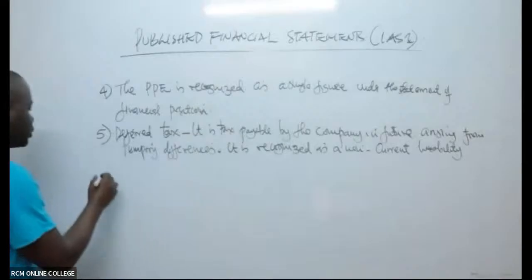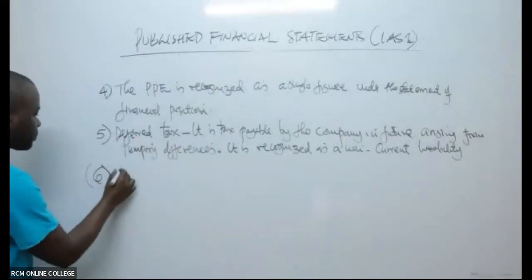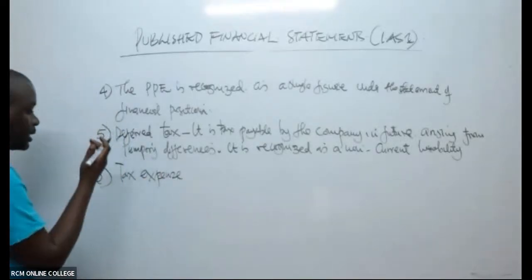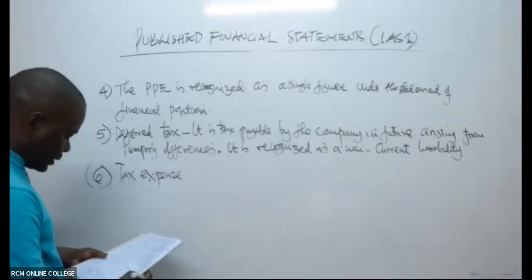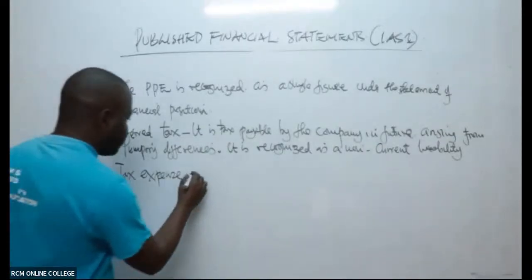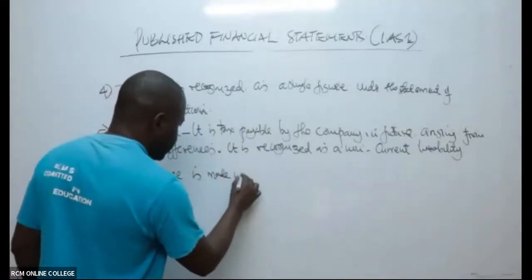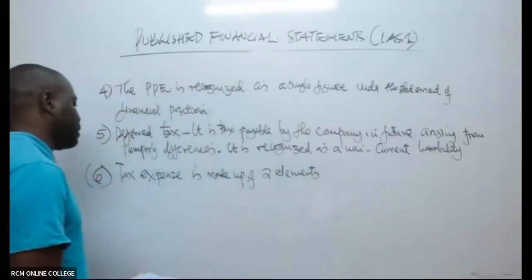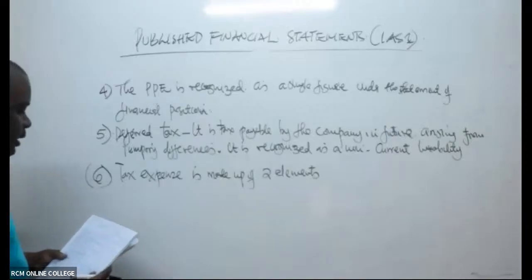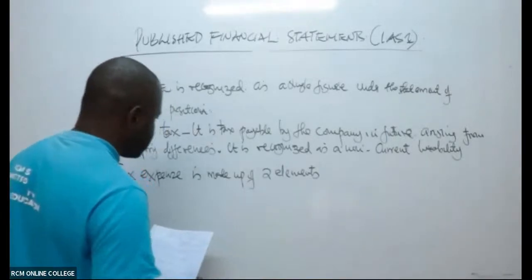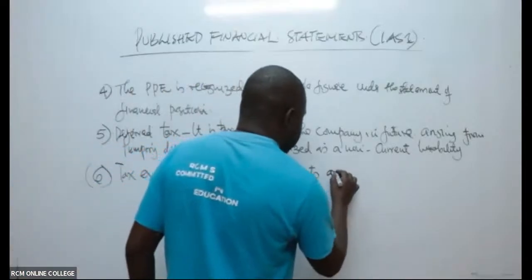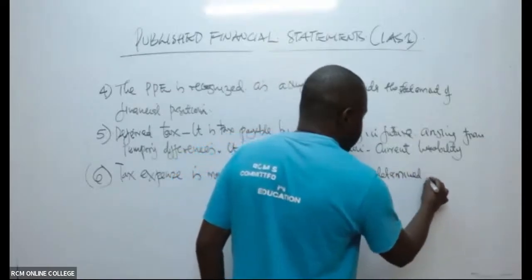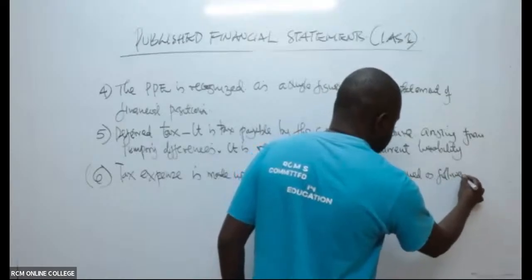If you want to get the tax expense to recognize in published financial statements, the tax expense is made up of two elements, and it will be determined as follows.